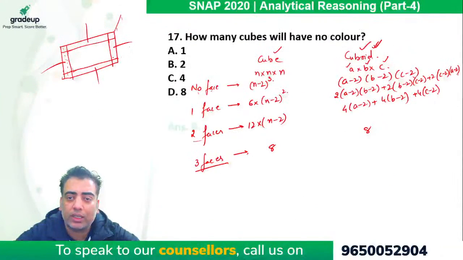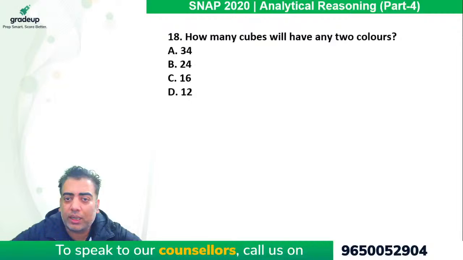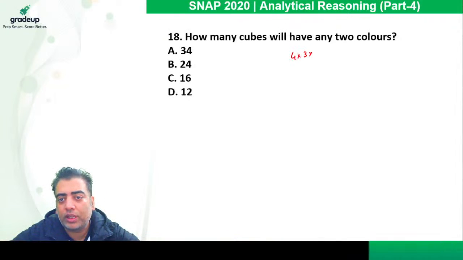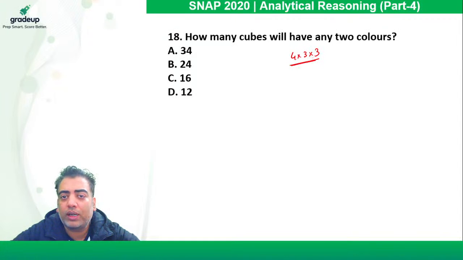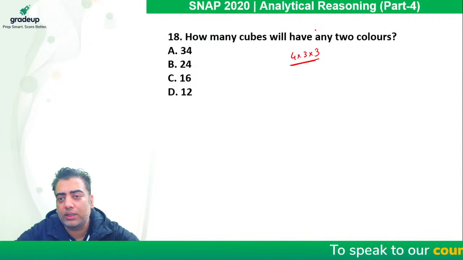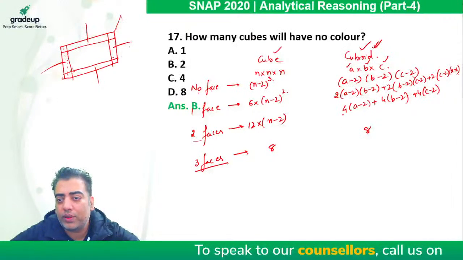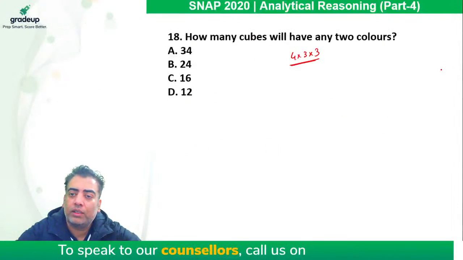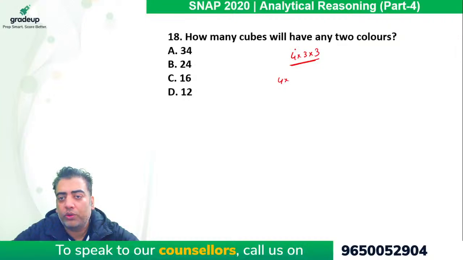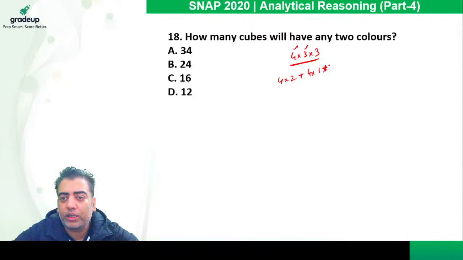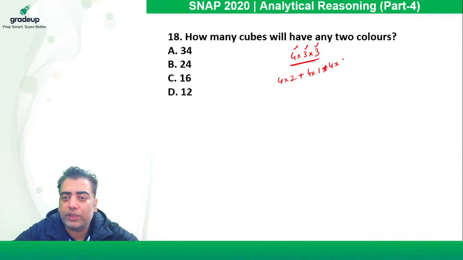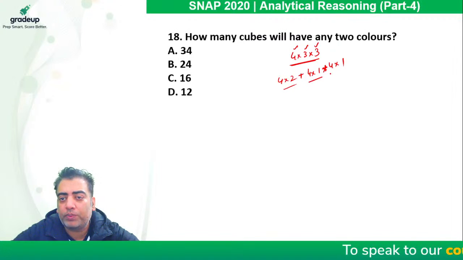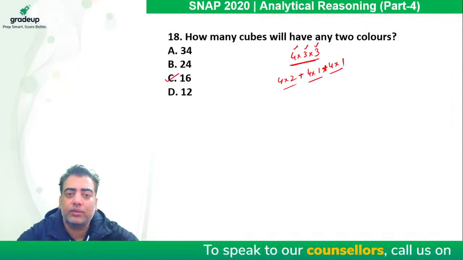So here the answer comes out to be, as the dimension is 4 into 3 into 3, and we require cubes which have any two colors. So for two colors we will be using this formula, right? So 4 into 4 minus 2 is 2, plus 4 into 3 minus 2 is 1, plus 4 into 3 minus 2, which is again 1. 8 plus 4 plus 4 comes out to be 16.